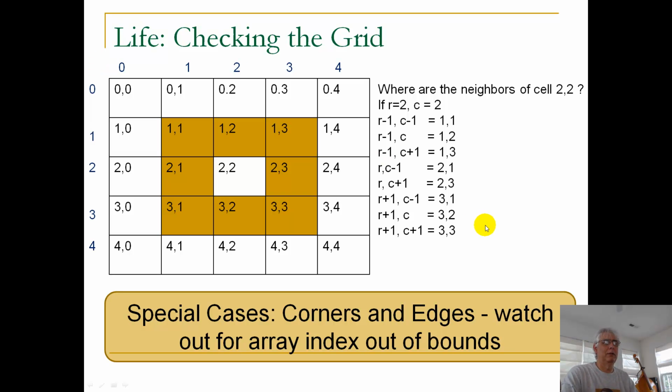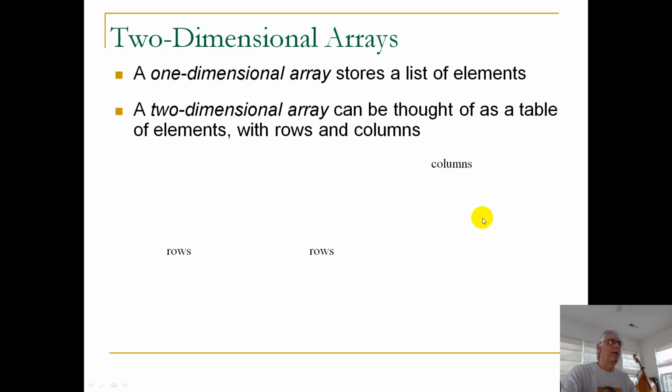Let's continue. Okay. Before we get into some of the other stuff, let's just say a quick word about two-dimensional arrays, because you need to have some facility with 2D arrays to do this work. I think we all know all of this, so this is just a quick review.